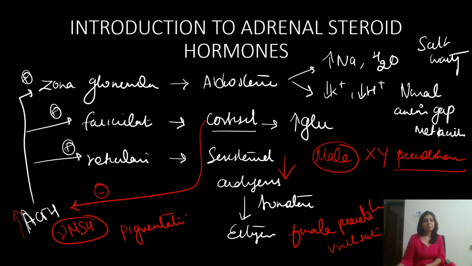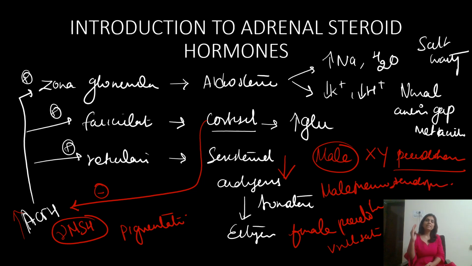In a male fetus, when androgen production is in excess, it causes male precocious pseudopuberty.